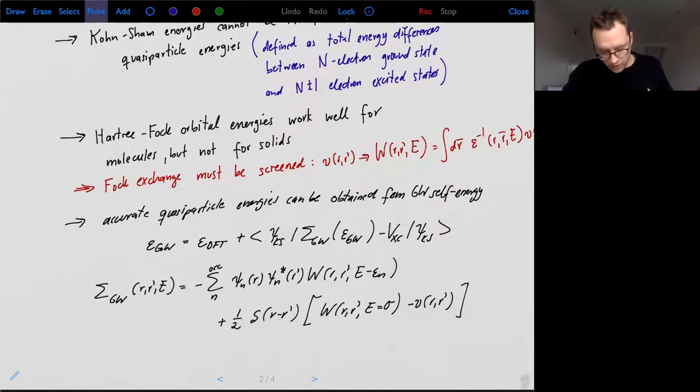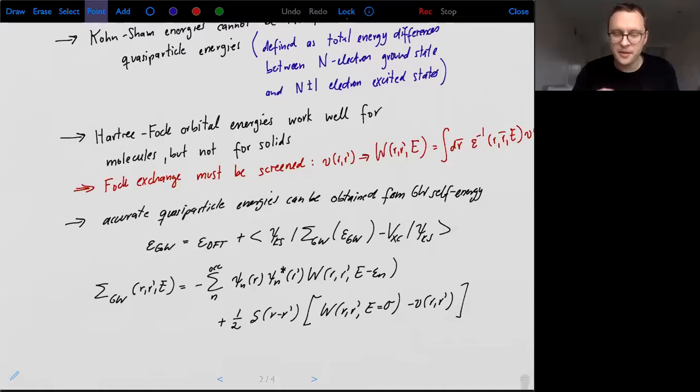And I also showed you what this GW self energy looks like. The first term here is basically just a screened exchange potential. But there's another term, the so-called Coulomb-hole contribution, which is basically the potential that the induced density creates that acts on the electron.